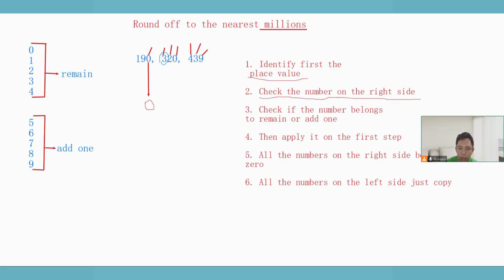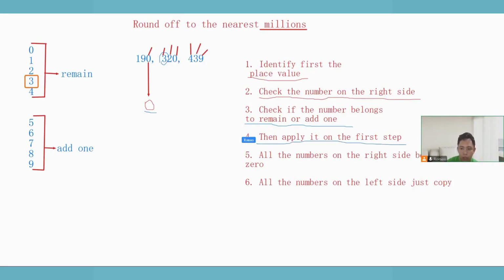The third step is to check if the number belongs to remain or add 1. Our 3 belongs to remain. It means the 0 will still be 0.